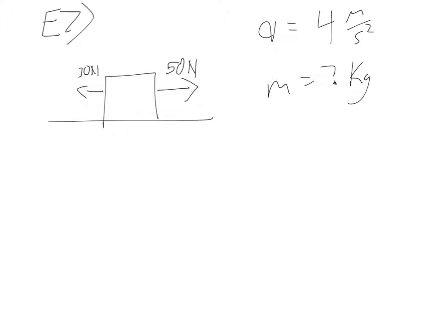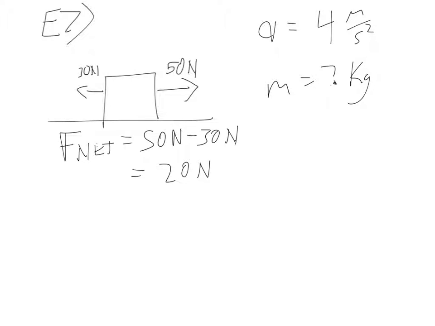All right, so we can first of all figure out what the net force is by taking 50 newtons minus 30 newtons. That gives us a net force of 20 newtons, and it's 20 newtons to the right in this case.